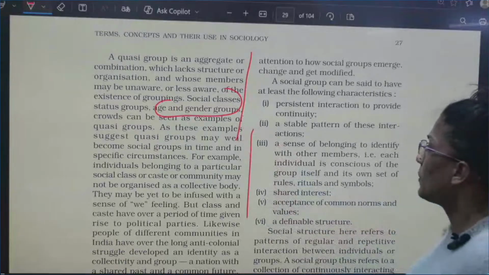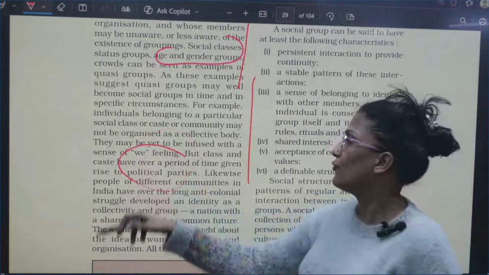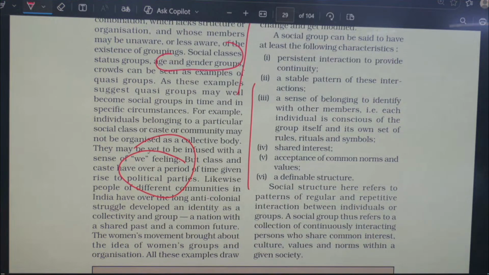You become a part of any group when you have a feeling of we. But class and caste have, over a period of time, given rise to political parties. Individuals belonging to a particular social class or caste or community may not be organized as a collective body.